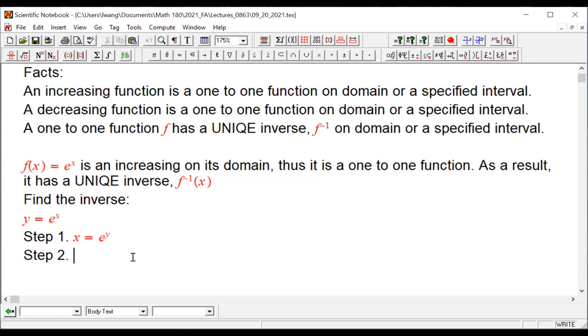Now, with that, well, we're going to find the inverse, right? So solve for y. The same procedure you have learned a long time ago, right?